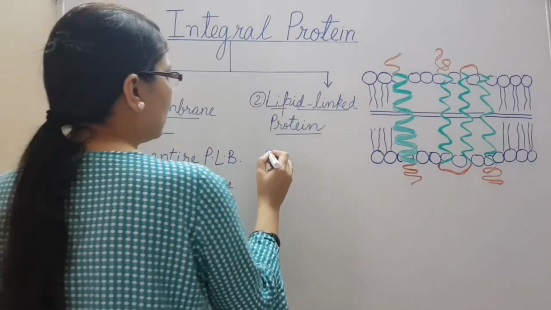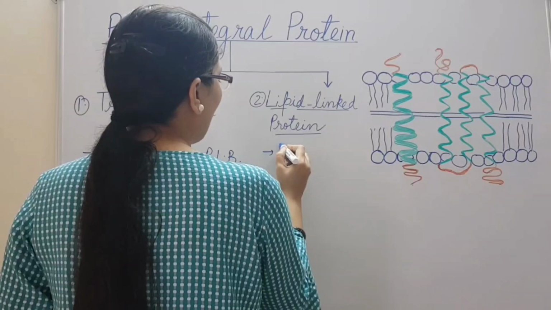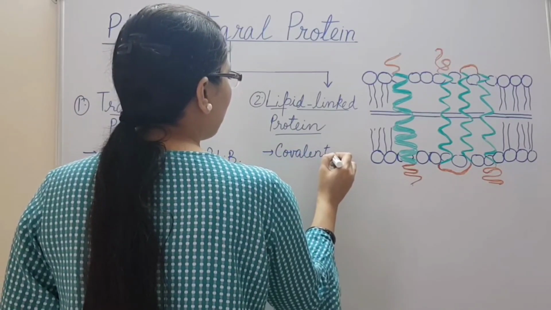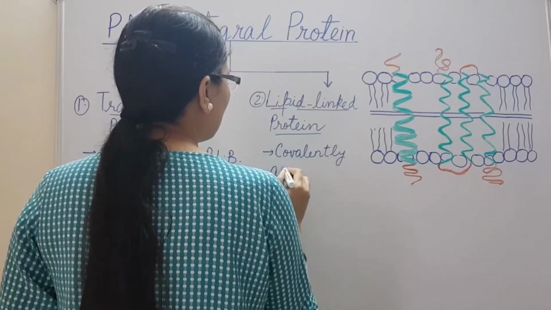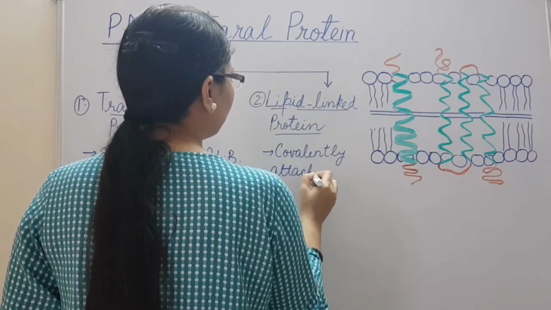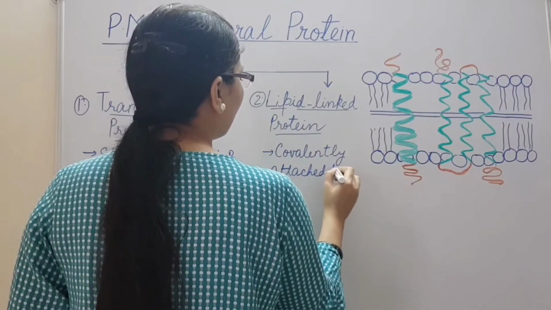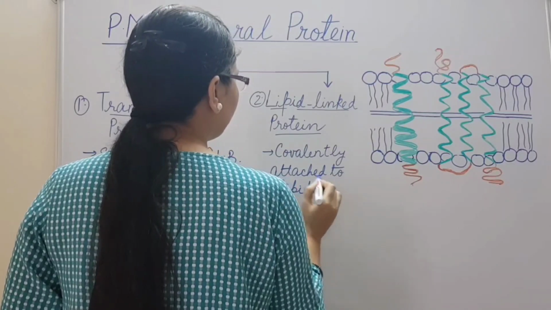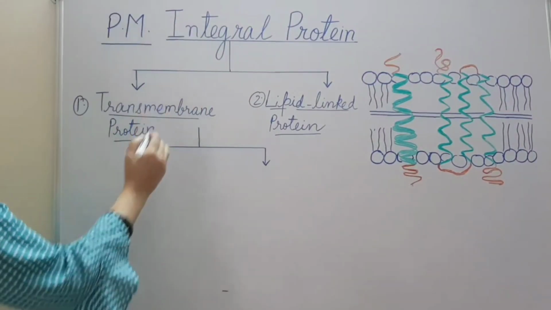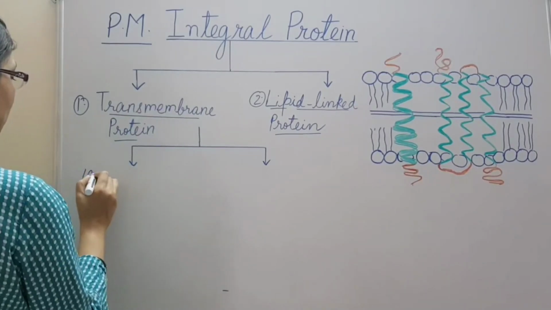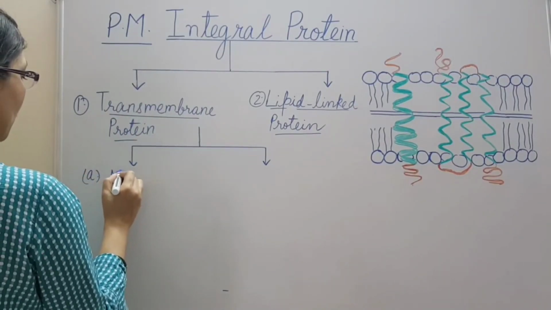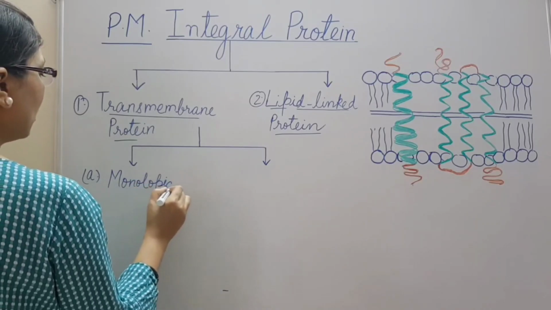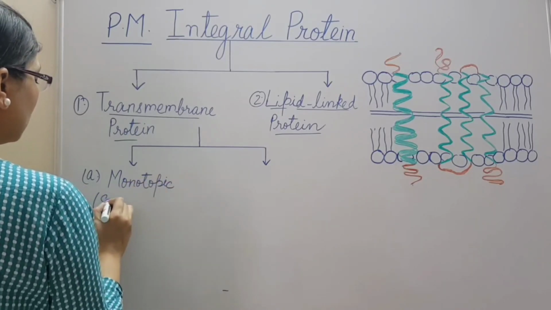Lipid link proteins are covalently attached to lipids. Transmembrane proteins are further of two types: monotopic transmembrane protein or single pass.